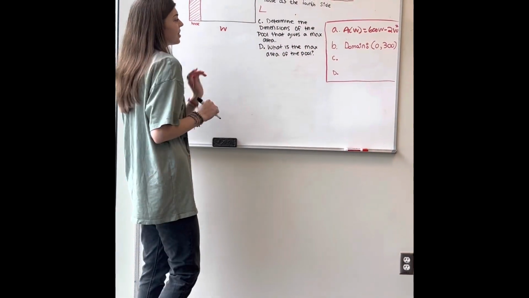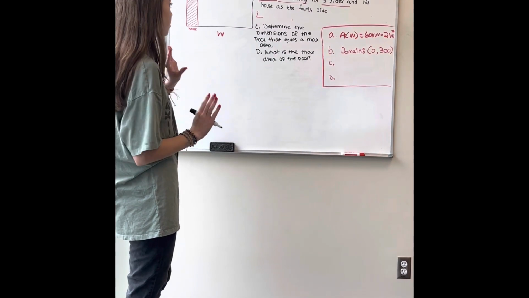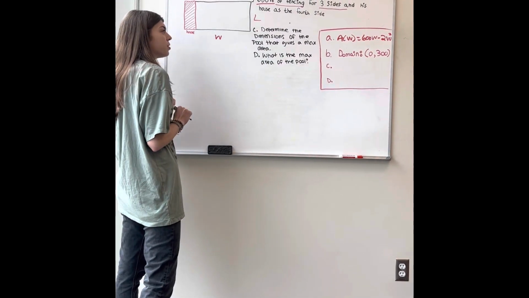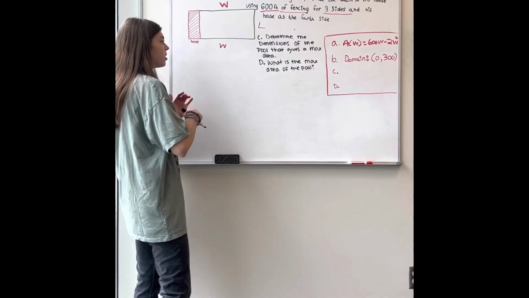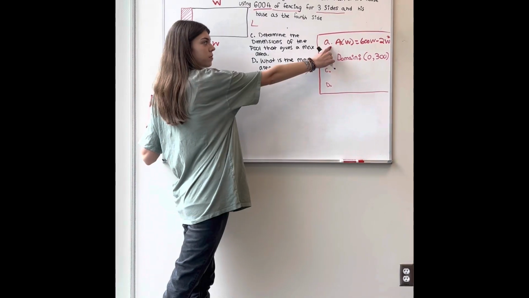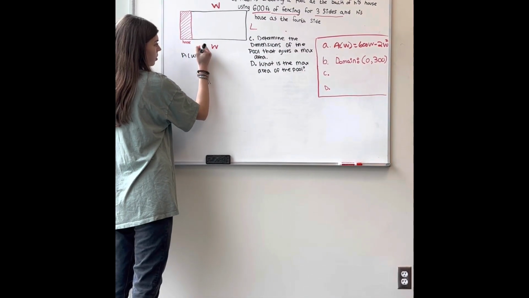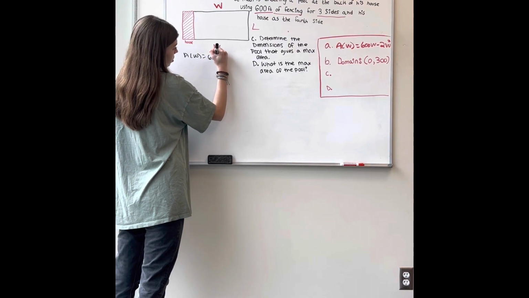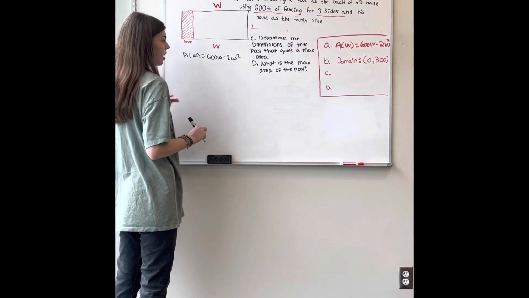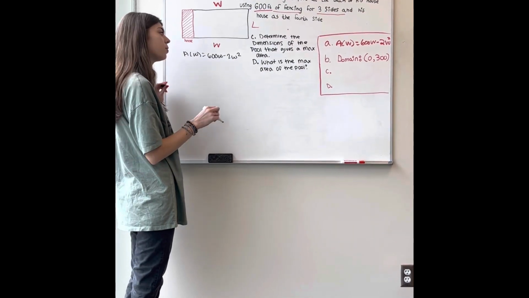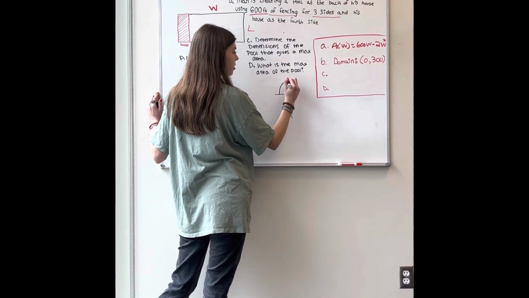Okay, so for part C and D, we're just going to put them together because they kind of coexist. So for C, we're going to determine the dimensions of the pool that gives us a maximum area. To do this, we're going to take our equation from part A, which is A of W equals 600W minus 2W squared. To find our max area, when you look at it on a graph, we have our vertex.